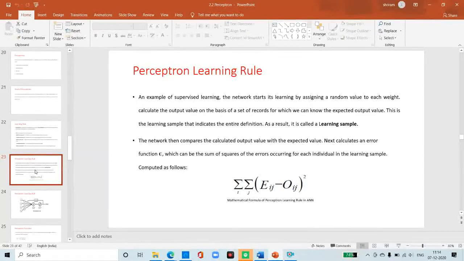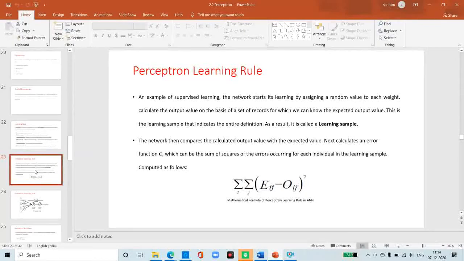As you know, each connection in a neural network has an associated weight which changes in the course of learning. This is an example of supervised learning. The network starts its learning by assigning a random value to each weight.